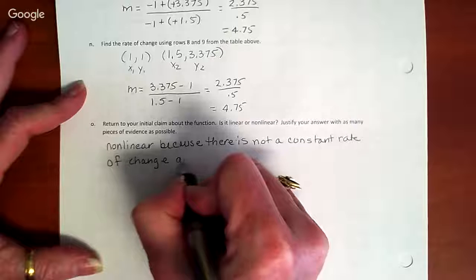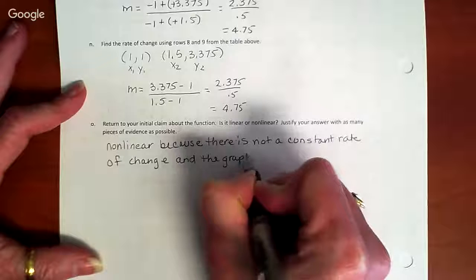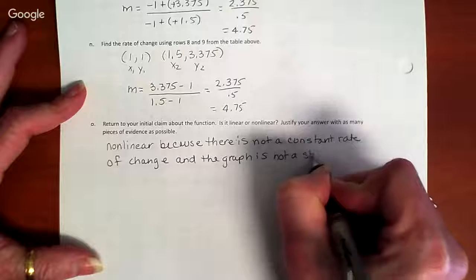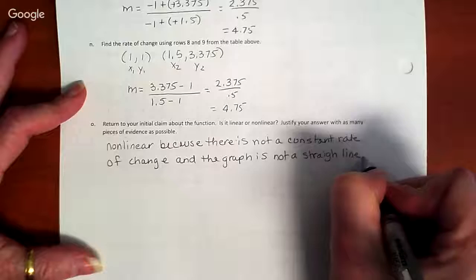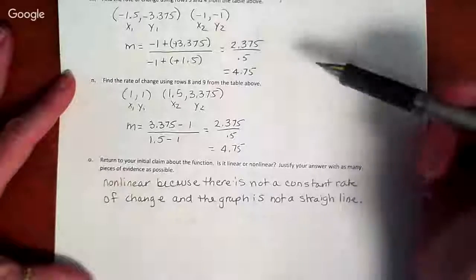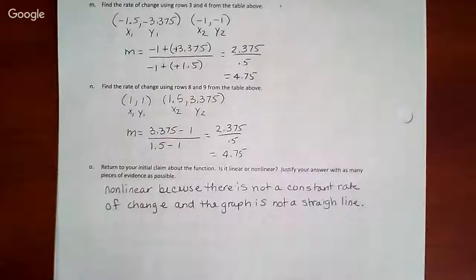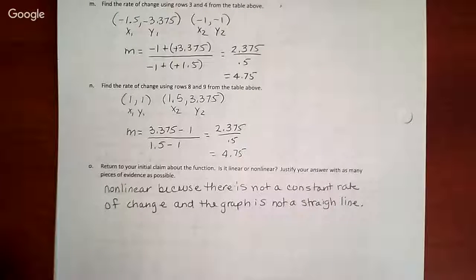And the graph is not a straight line. And even though the graph does have a constant rate at certain times, it's not a consistent constant rate of change. It is a constant rate in some parts, but it has to be consistent throughout the entire thing. Okay?